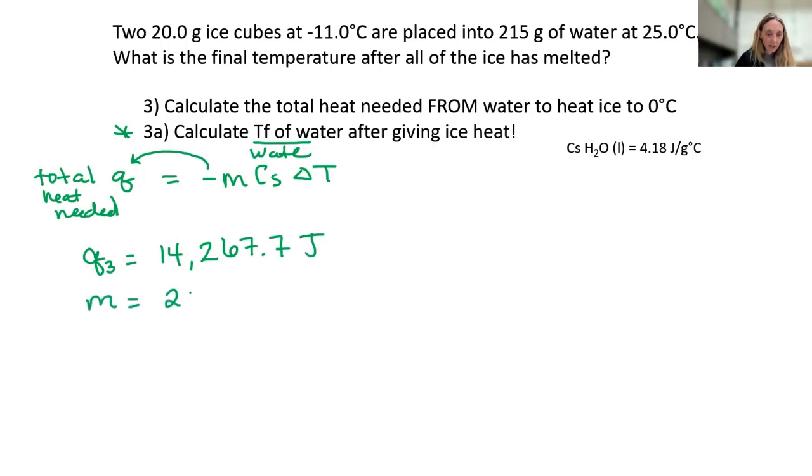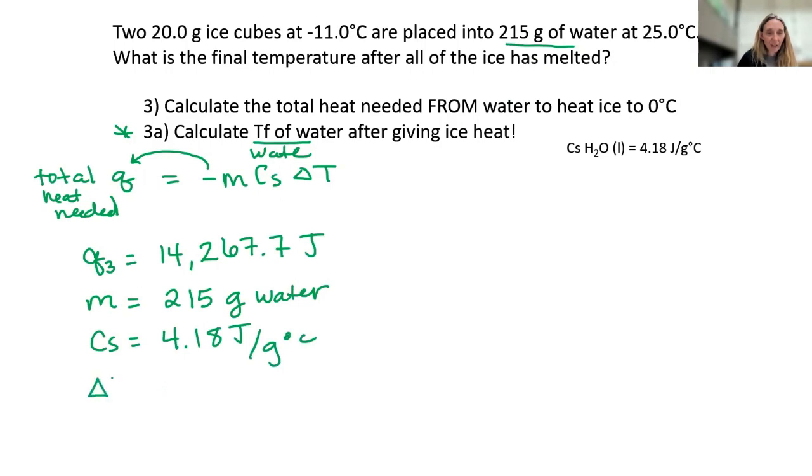The mass of the water is 215 grams, and that was given up here in the problem. The CS of the water is 4.18 joules per gram degree Celsius. And my delta T is the temperature final minus the temperature initial. So temperature initial is 25.0 degrees Celsius, and temperature final, we don't know, so we have to solve for that.